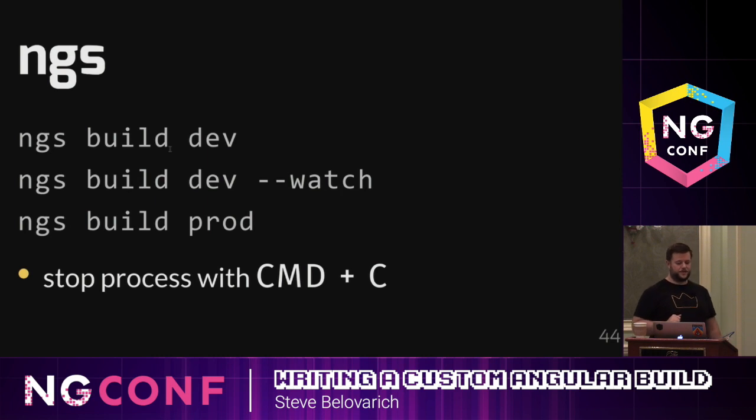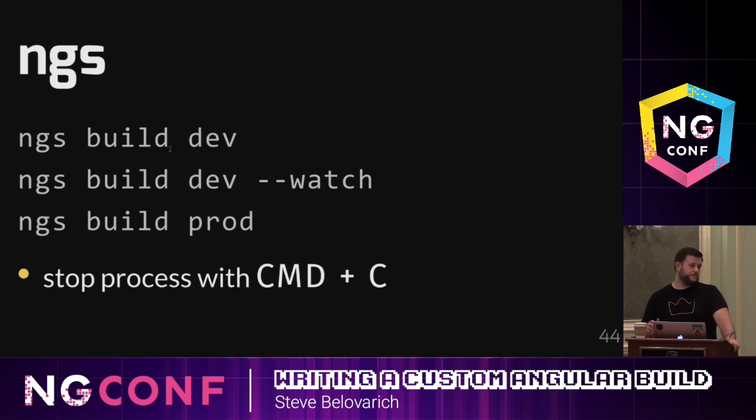So the three commands we're going to develop out today are ng build dev, ng build dev with the watch flag, which is going to put the ahead of time compiler in watch mode, and then we're going to use this prod command to build our application for production using Closure compiler.